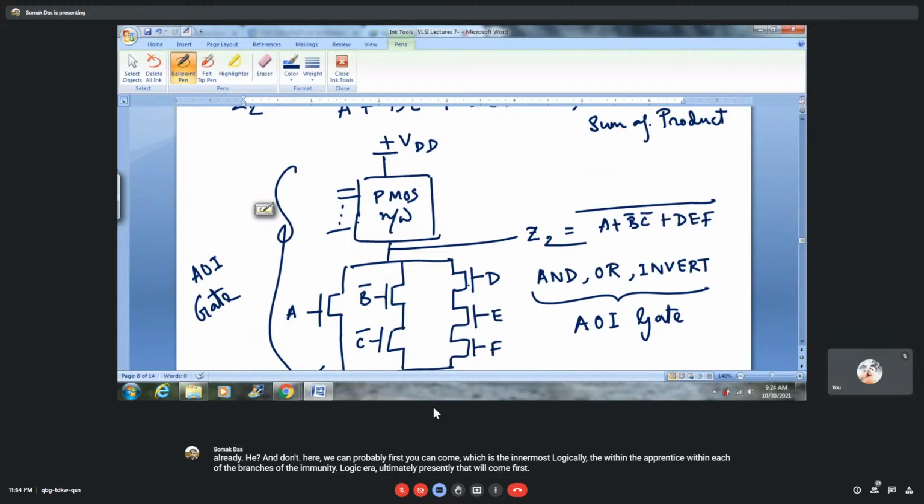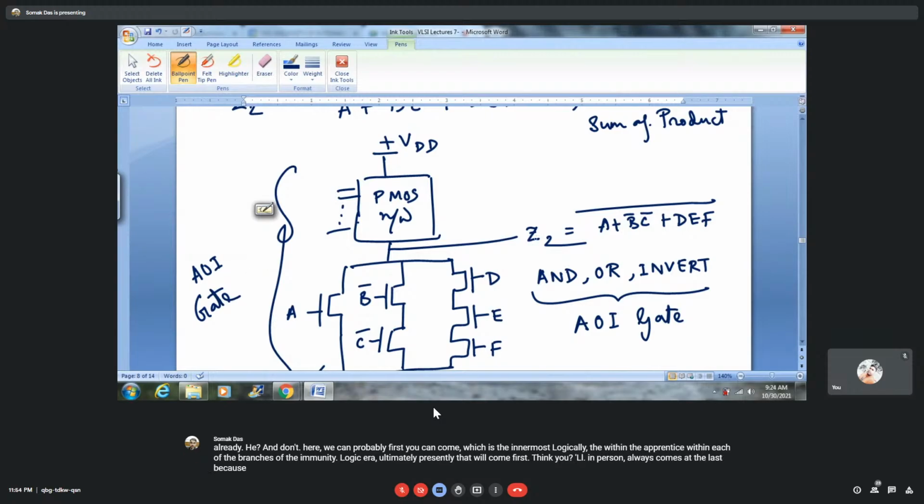So ANDing is there within each branch of the NMOS circuit, and OR means there are parallel branches. Inversion always comes last because the output is always inverted, since you are realizing the logic below the inversion mark. So you will get the inverted output.